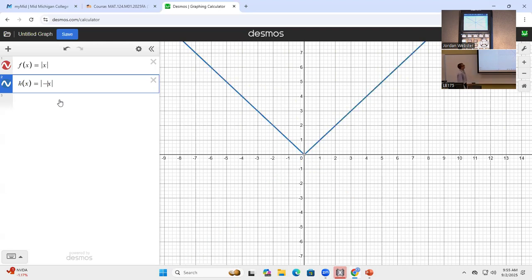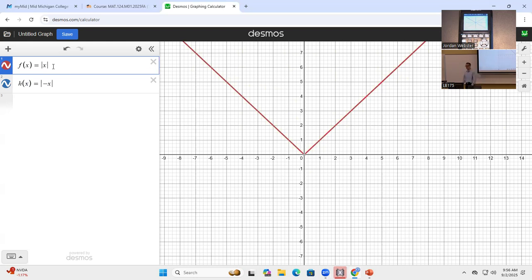Notice what happens when we flip the absolute value across the y-axis. Doesn't really flip. Yeah, I mean, it's technically flipped. All the points are flipped. But because the graph was symmetrical about the y-axis, it didn't really change anything, right?